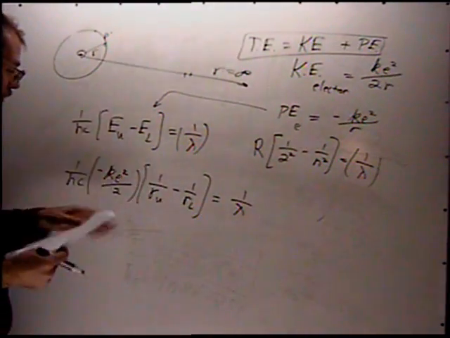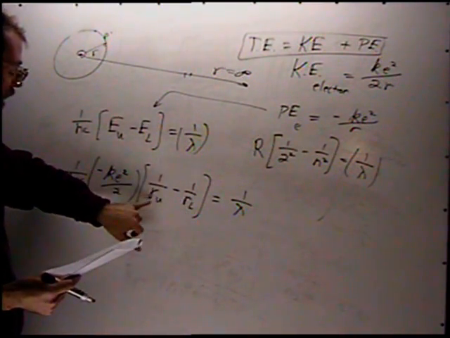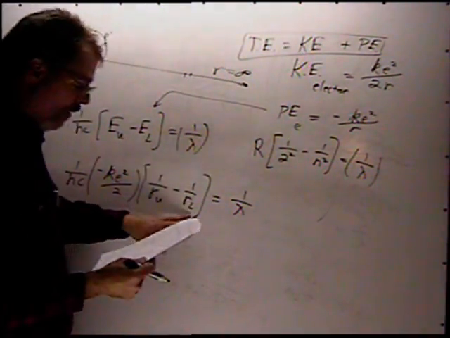Okay? So he got the equation down to the form of the upper radius and the lower radius.